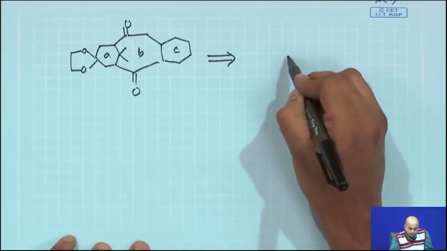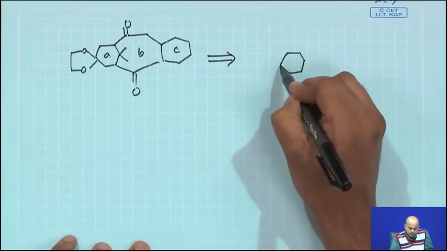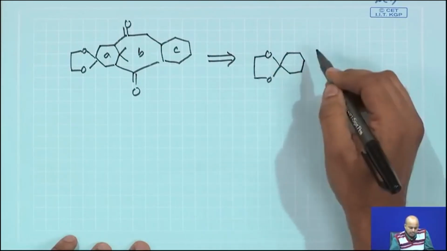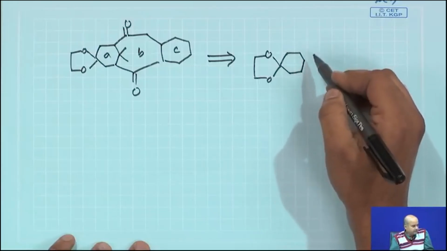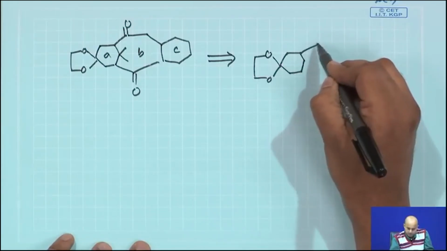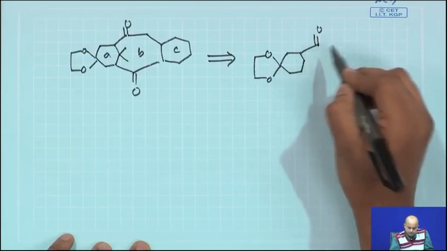So now the retro, which I will be drawing, I say the central 8-member ring, I will try to formulate in this way.